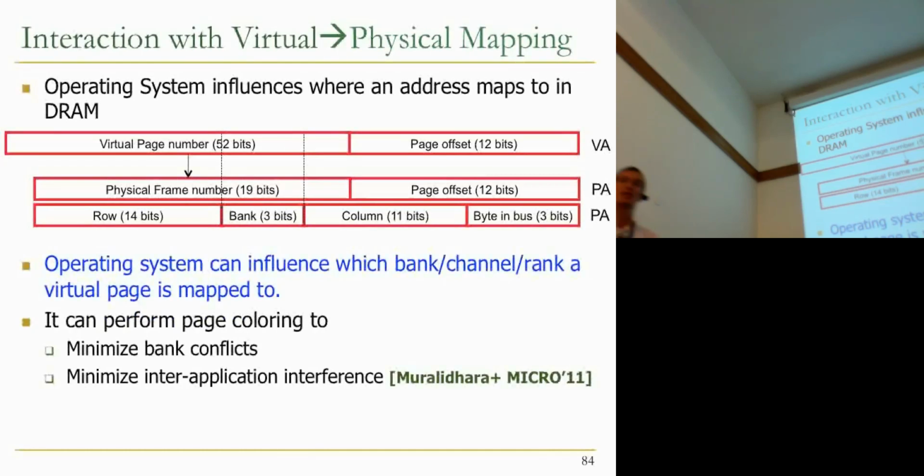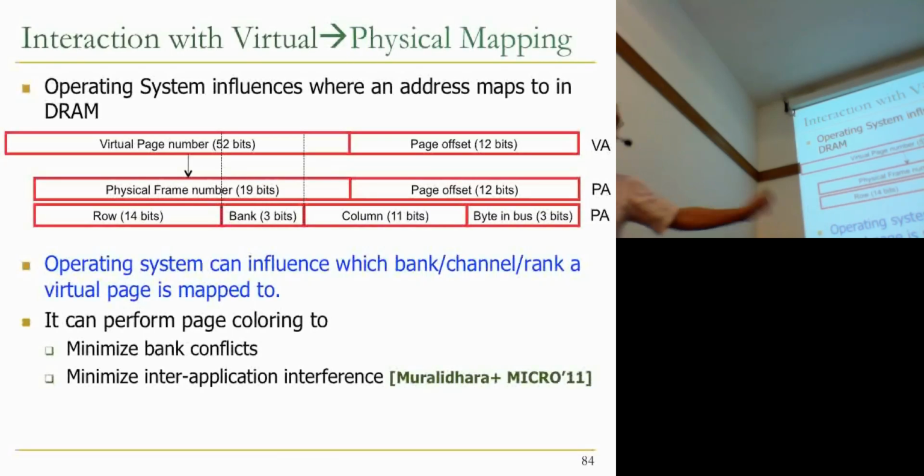For example, it can try to allocate different applications' pages to different banks or different channels, right? Because it knows the virtual addresses coming from different applications, and assuming it knows which bank a physical address maps to, it can allocate two applications to different channels or different banks such that their bank bits are different, right? That way you can separate two applications.